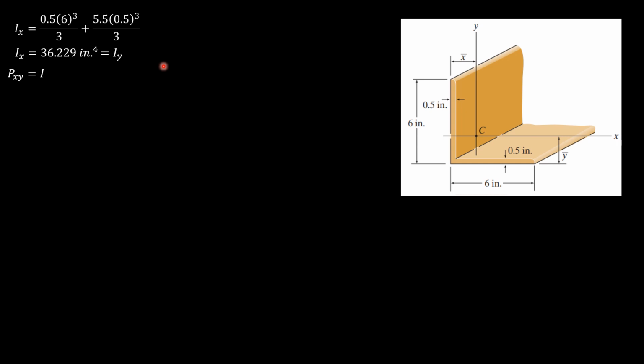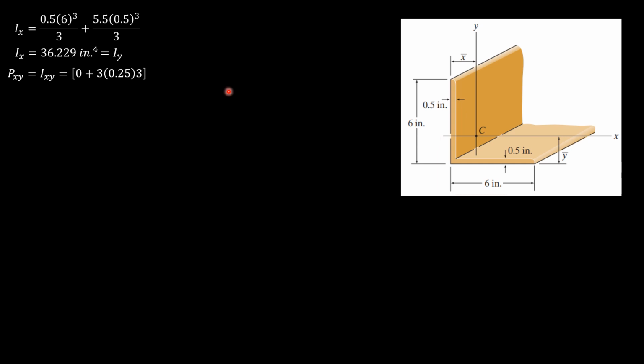So for Pxy, it is with respect to the centroidal axis 0, then area of the vertical rectangle, which is 3 square inches, then x bar is 0.25. I hope you can read that, and y bar is 3 inches, half of 6.